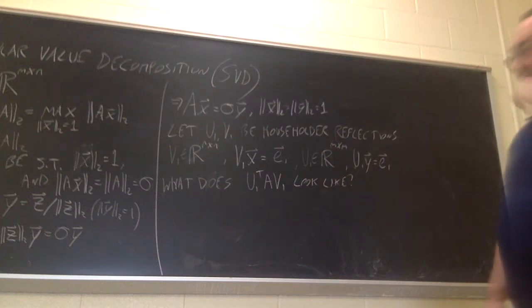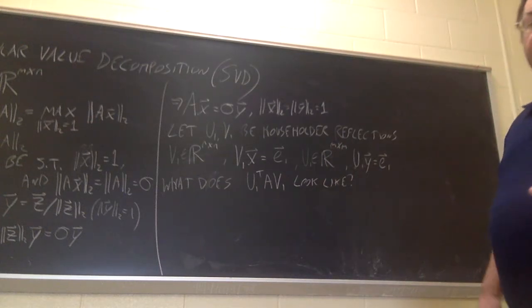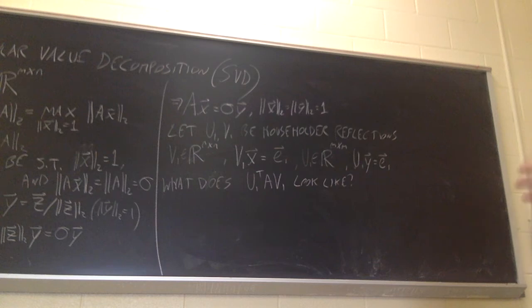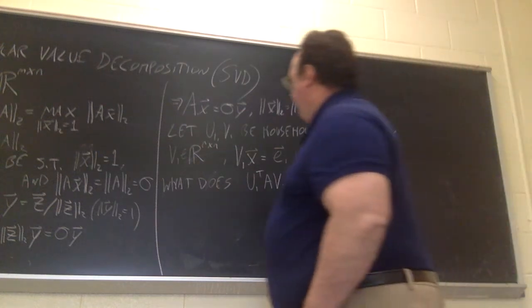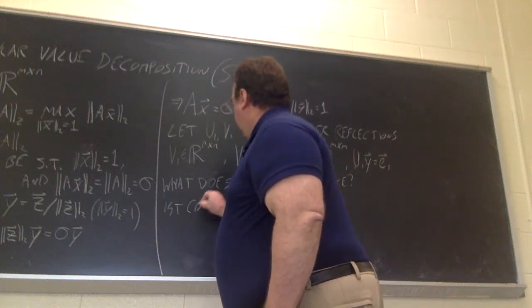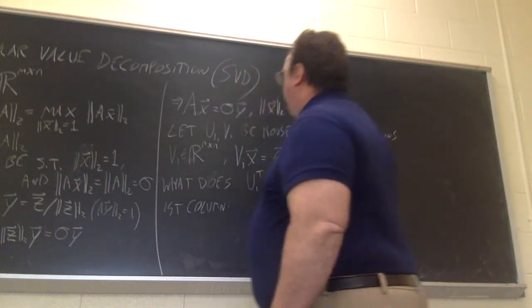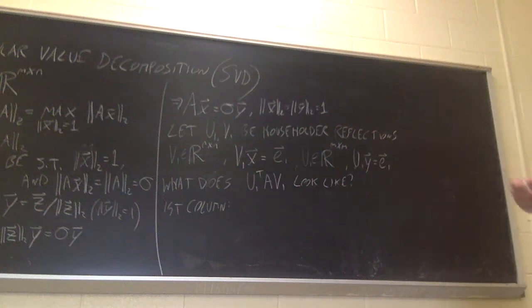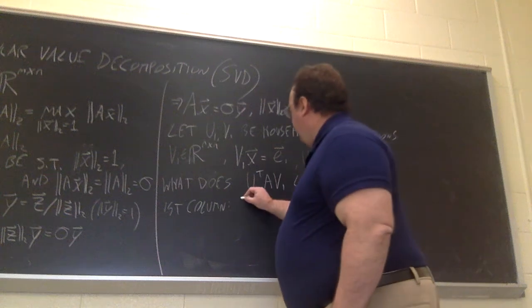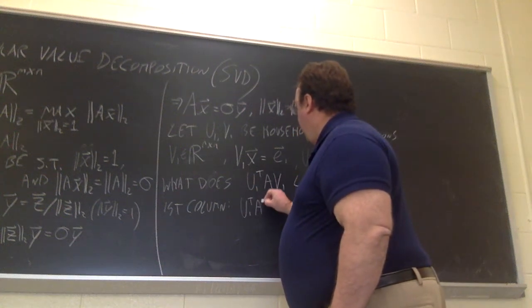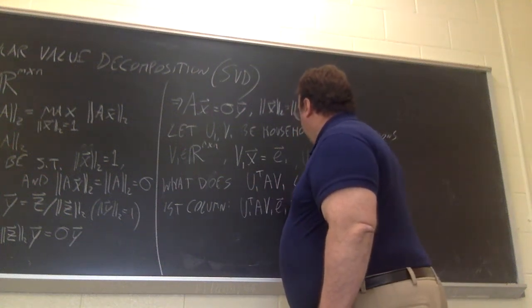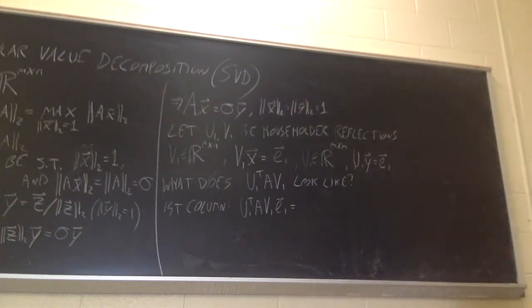I'm really only interested in its first row and its first column. So I'll start with the first column. How do you get the first column of a matrix? You multiply by e1, the first column of the identity. So U1 transpose A V1 e1. Now, I want to recall something about Householder reflections.